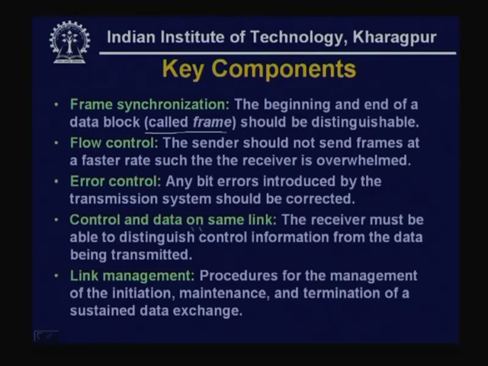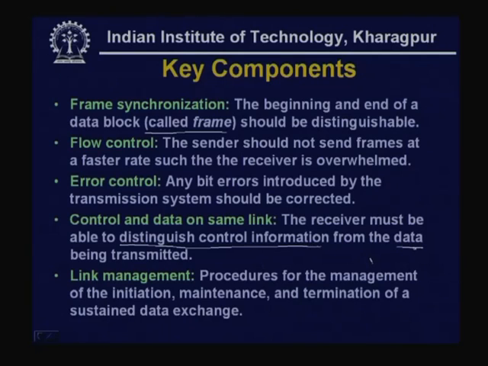Then the control and data on the same link, as I have mentioned, you have to send data, and also you have to perform the management. So, the receiver must be able to distinguish between control information and data that is being sent using the same medium.